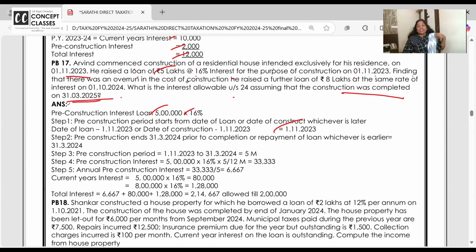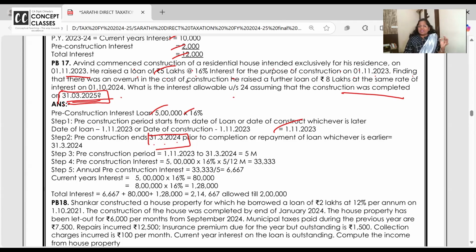So the pre-construction period ends on 31st March prior to completion. When was the construction completed? March 25. So the pre-construction period will end on 31st March 24. Is it understandable? Ma'am, this is too much, you have skipped one whole year. That's the way it is done.